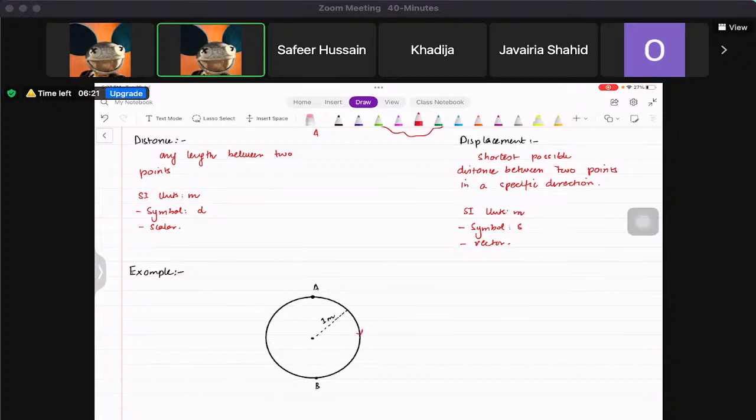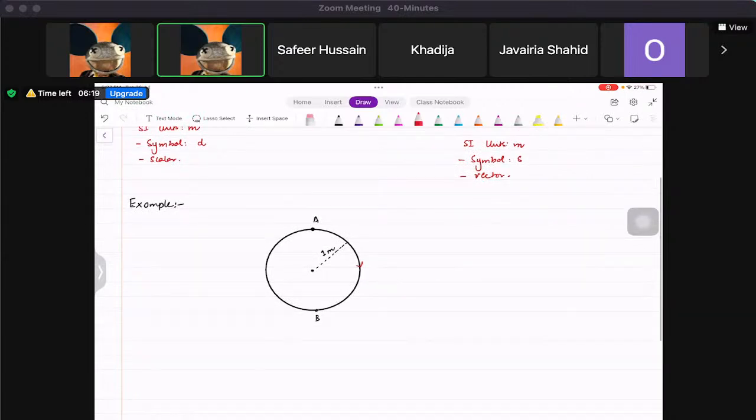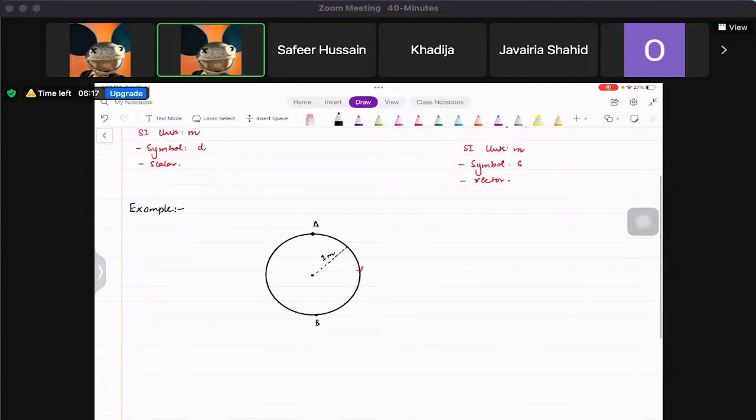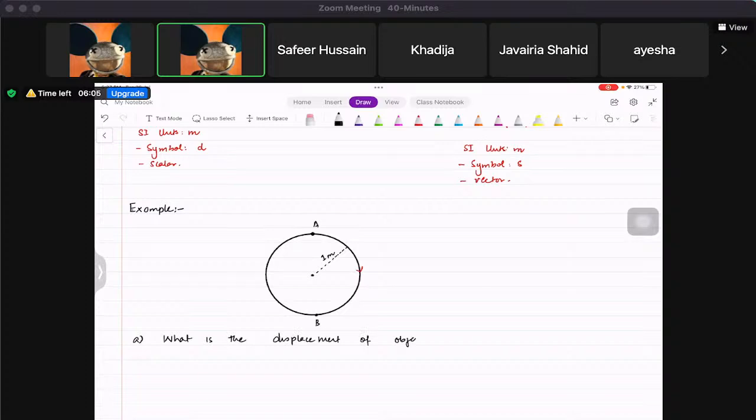Okay. So the question is, what is the displacement of object from A to B?